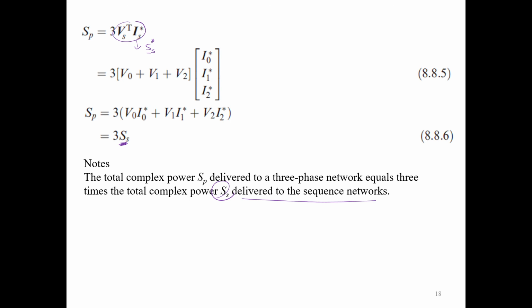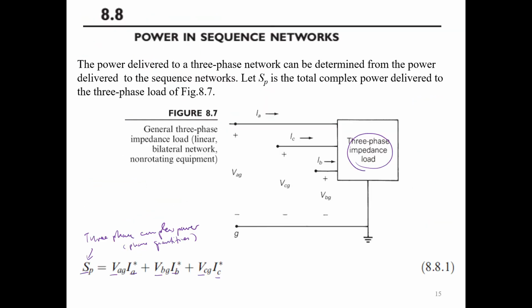Now you can see the grace of this equation. You have transformed the unbalanced complex power equation. If you want to find the complex power for any unbalanced circuit, what you have to do is analyze phase by phase, and sum up all those complex powers. This is the direct method.